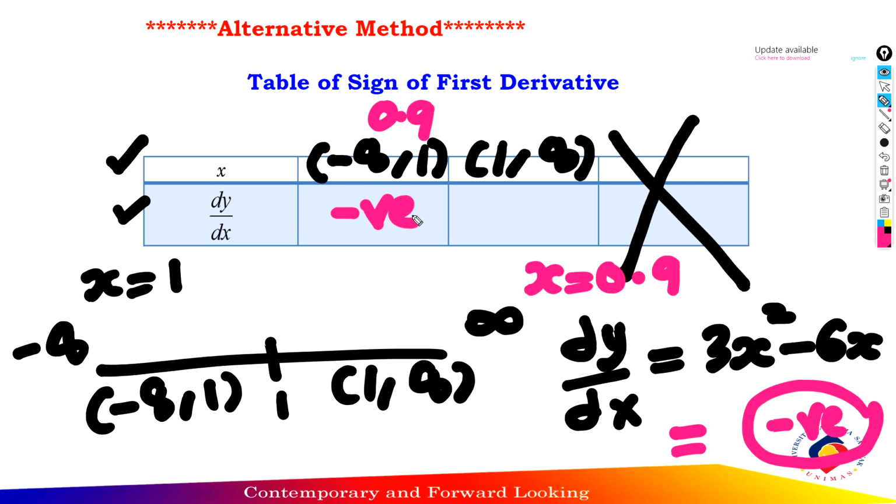And for the second interval between 1 and positive infinity, you pick the nearest value 1.1, and you substitute into the function, and the sign equals negative. You check the calculator, negative.